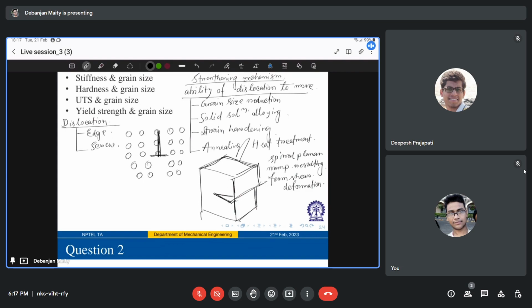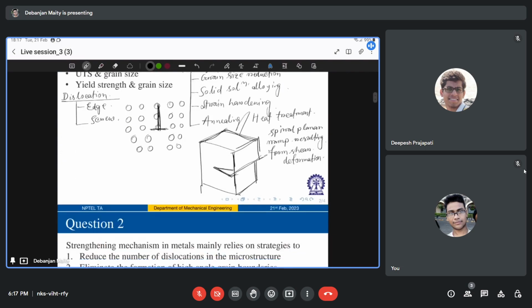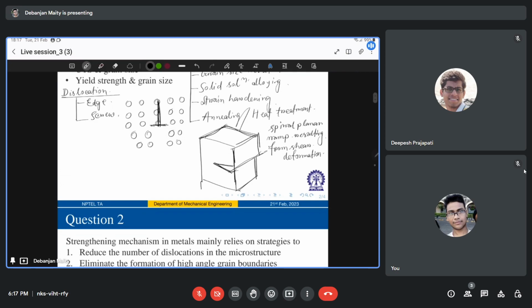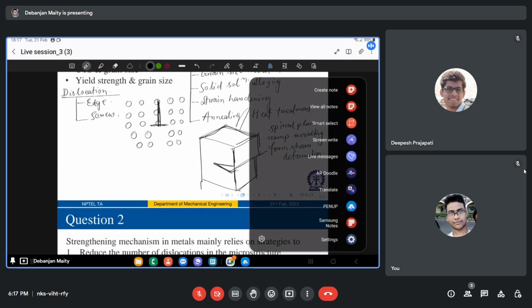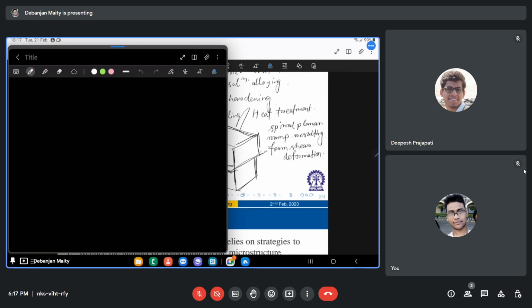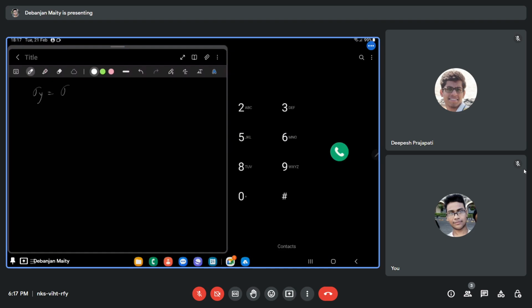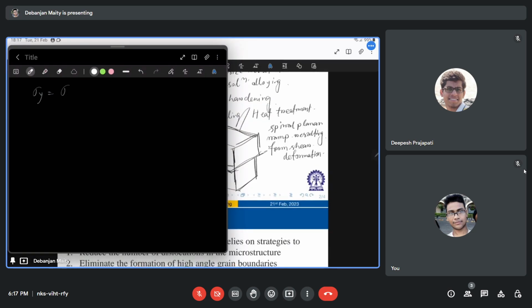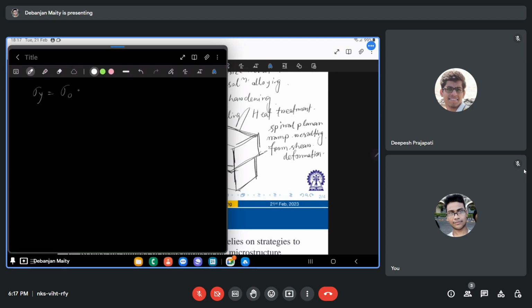Anything I'm missing? Yeah. In terms of the Hall-Petch relation, what is the relation? Sigma y equals sigma naught plus k into d to the power minus half.